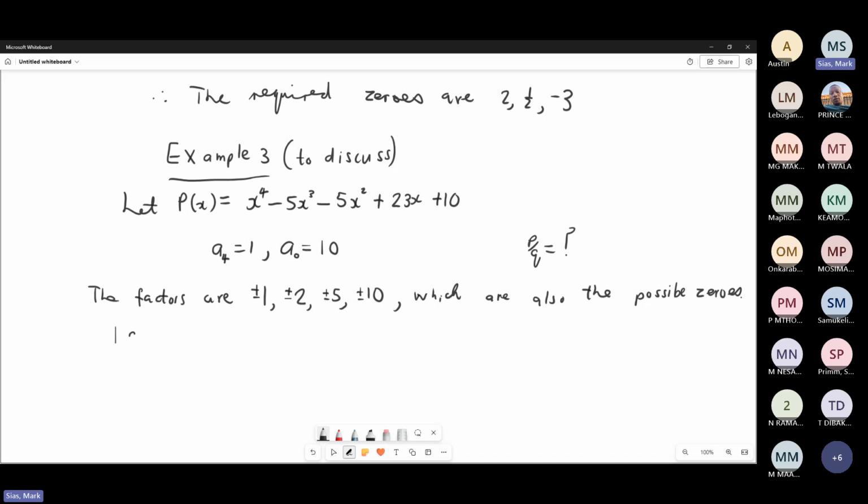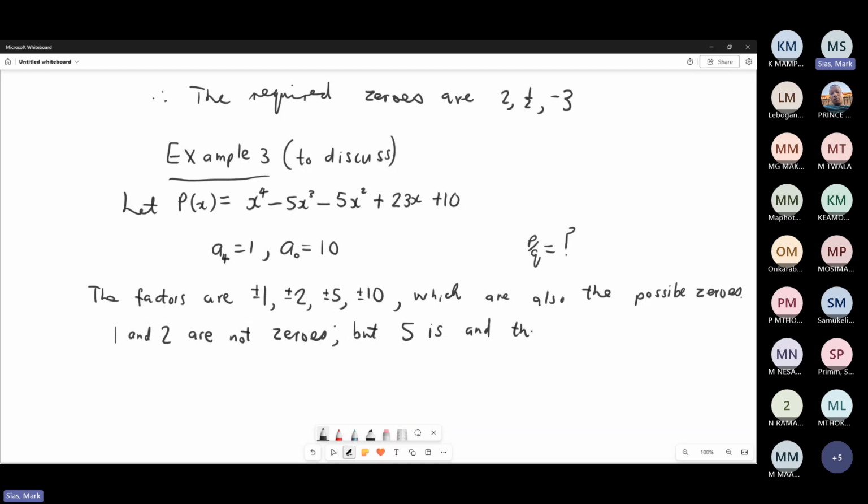1 and 2, which you will verify, are not zeros. They are not roots. So eliminate those. But 5 is a zero, and we'll get others.